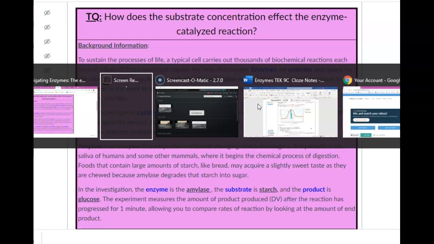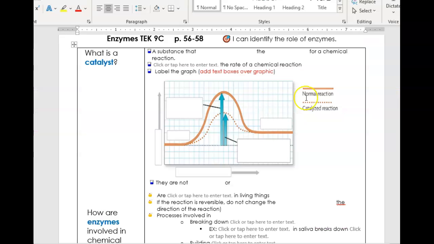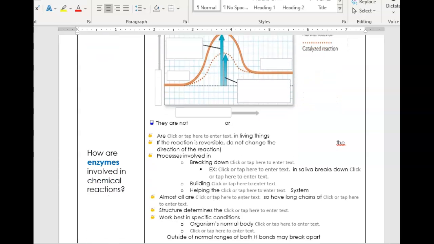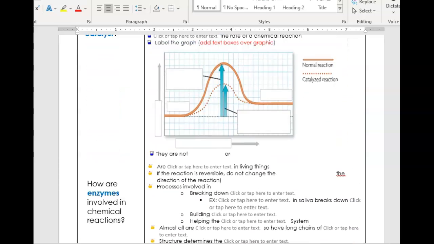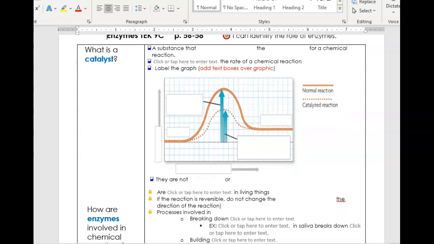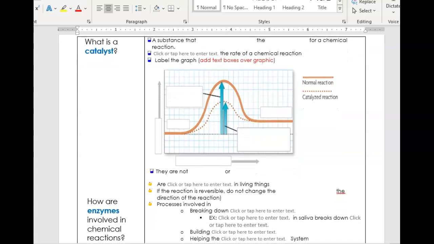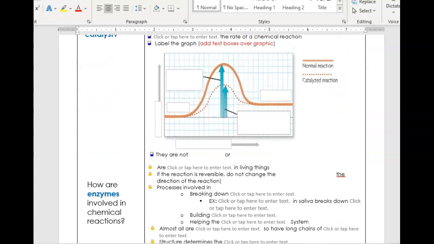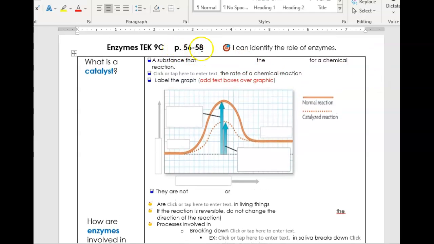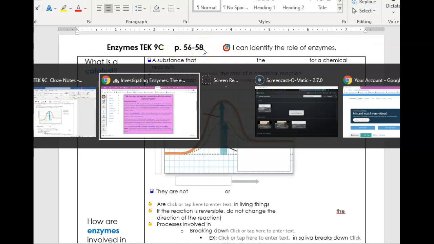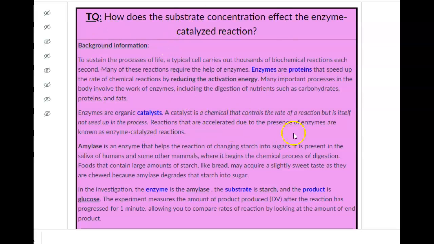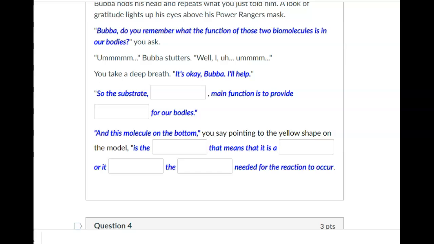It should also have been in your notes on Thursday that you should have done. So your two best resources were your C notes that you took over pages in the text, and then your investigation that you did. So this is the function in that reaction.